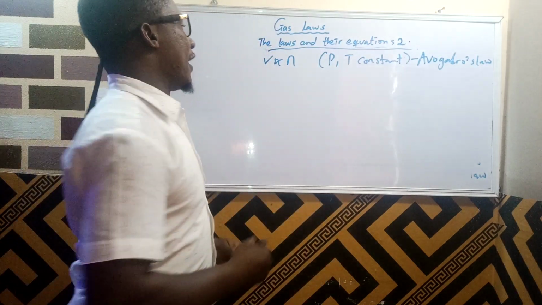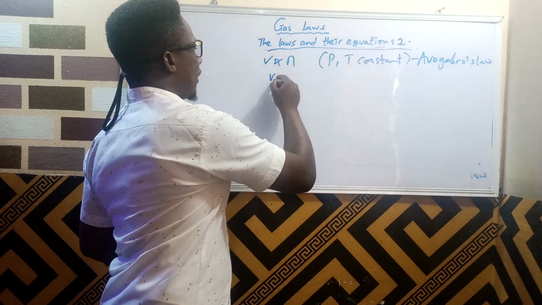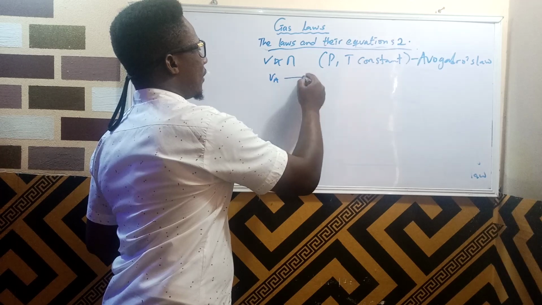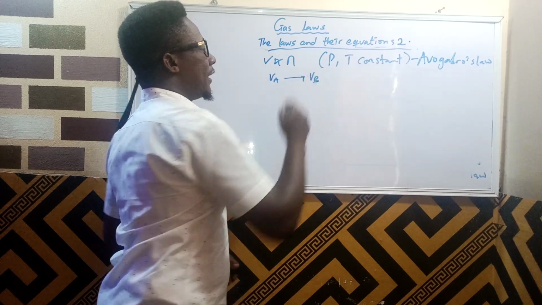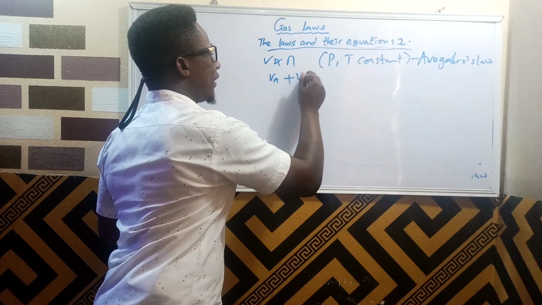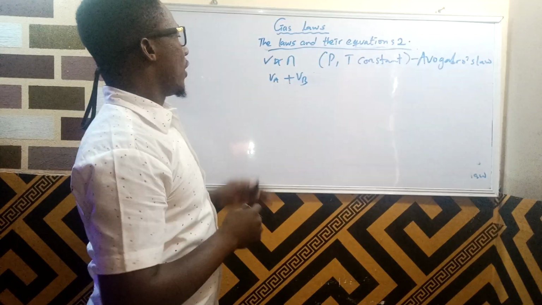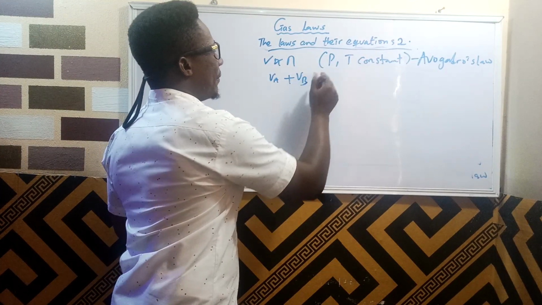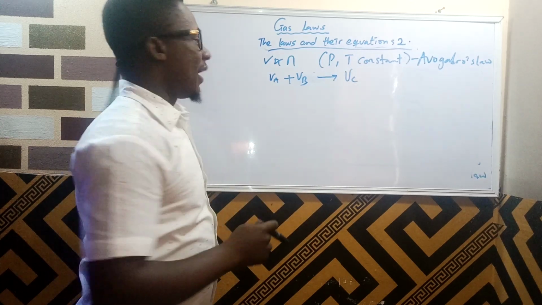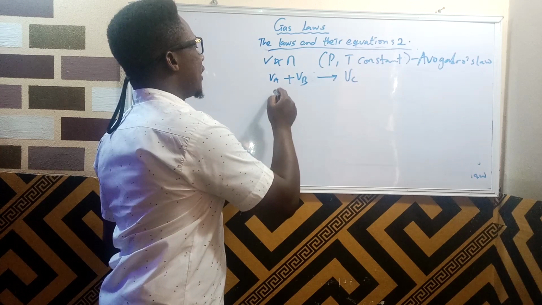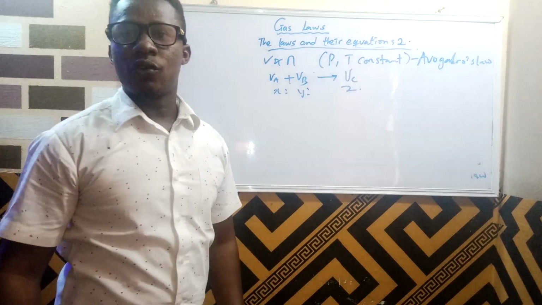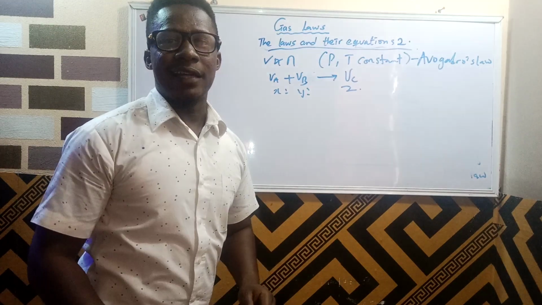That means when volume A reacts with volume B, they do so in volumes. So let's say volume A and volume B react, then they do so in such a way that when they give C, all of them are in simple ratio. Let's say X ratio Y ratio Z. So these X, Y, Z are what?